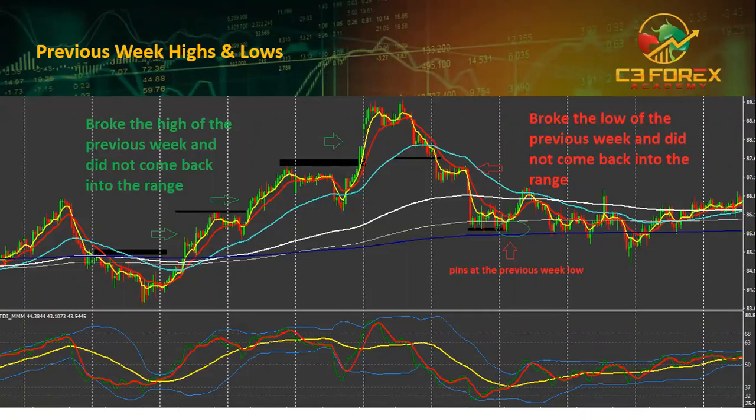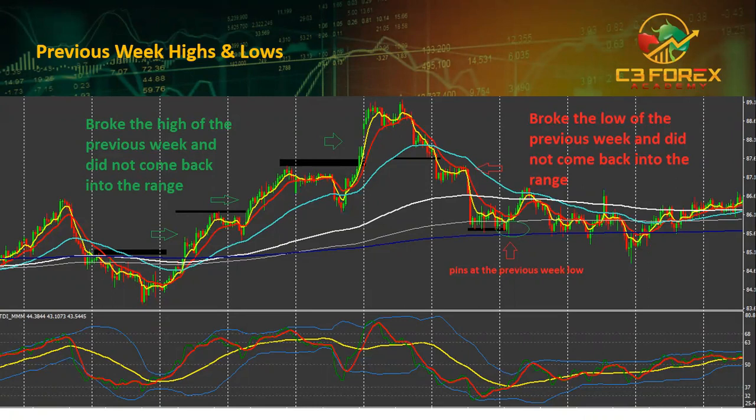Now the next week, looking back at what happened the previous week, if they break the high of the previous week, I wouldn't expect them to come back into the range. Why? Because last week they ended on level 1. The high was at level 1. And if we're looking for 3 levels, we can expect price to go up 2 more levels the following week.